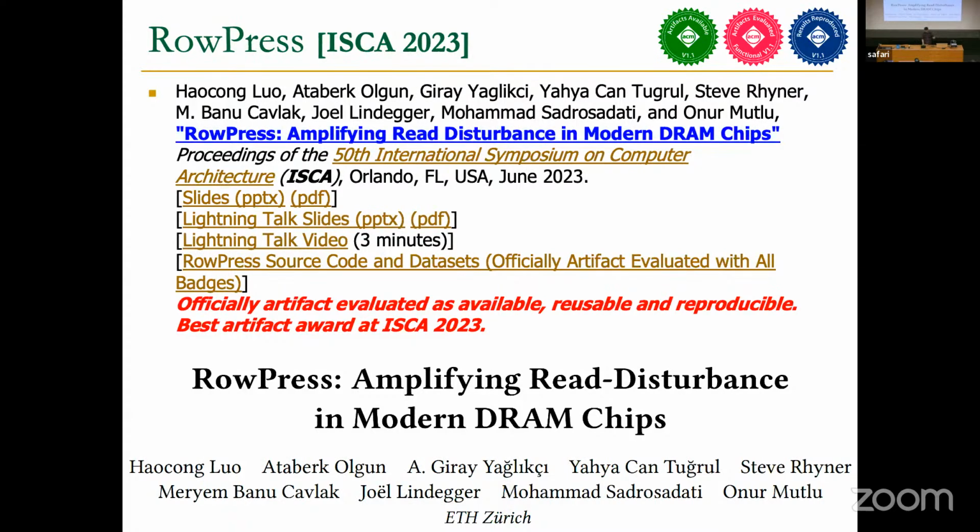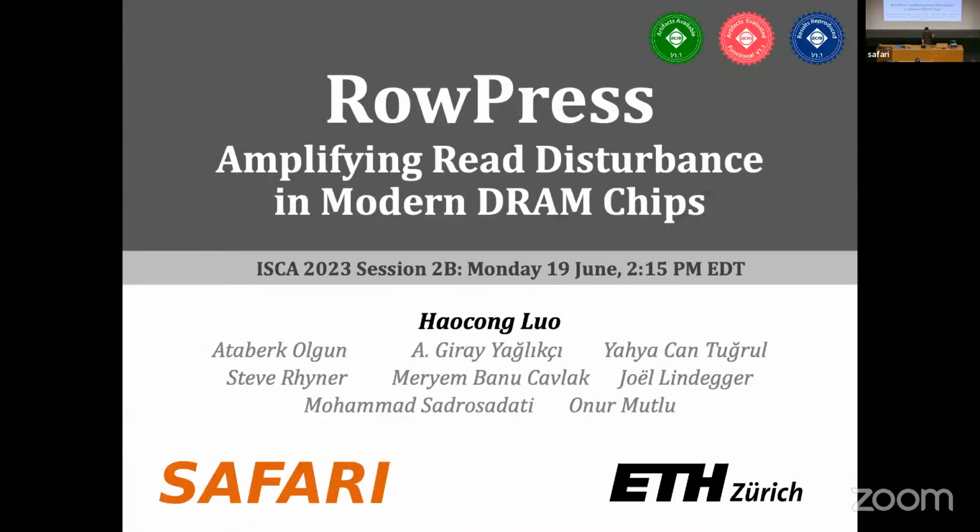But by looking at this aggressor row open time aspect in detail, we were actually able to discover that this increase in aggressor row on time is not only RowHammer, but it leads to another, completely different error mechanism in DRAM. So that's why we call this work RowPress versus RowHammer.